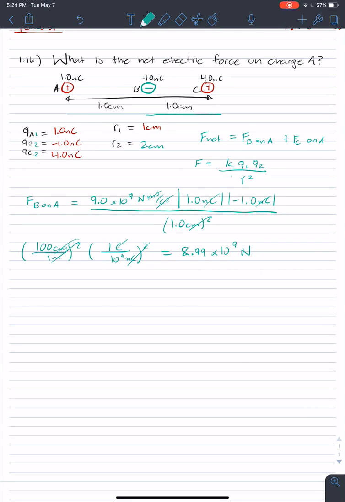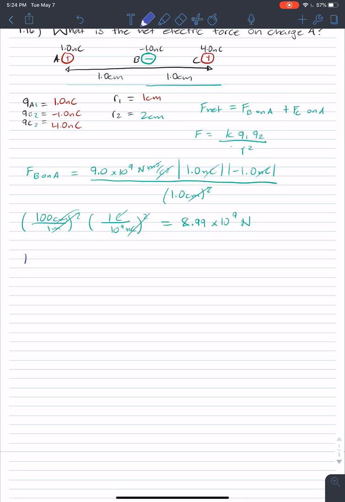Now we got to do the same thing, but for charge C, the force of C on A. Again, it's equal to K, which is 9.0 times 10 to the 9th newtons meters squared over coulomb squared, times our charges, which again, A is 1.0 nanocoulombs, and C is 4.0 nanocoulombs this time.